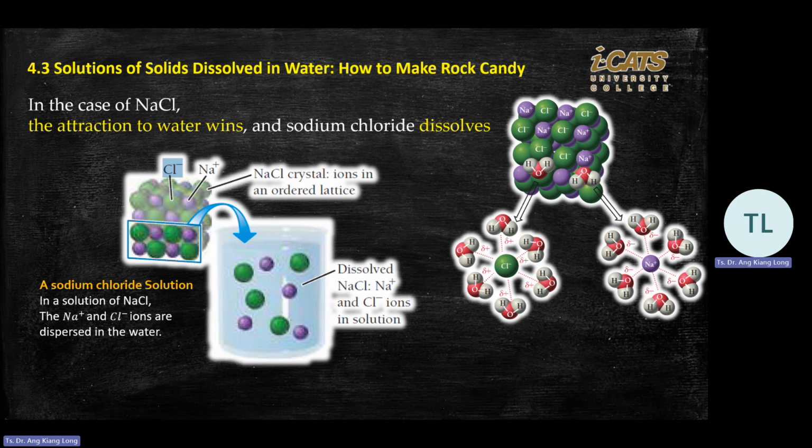It's more attractive for the ion to combine with the water. So the attraction of solute to solvent is higher, then it can dissolve.